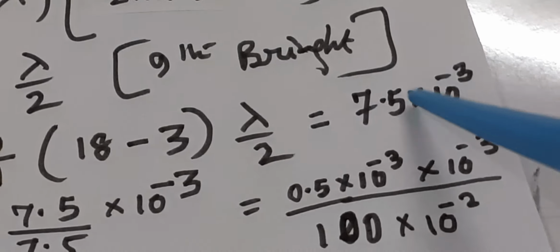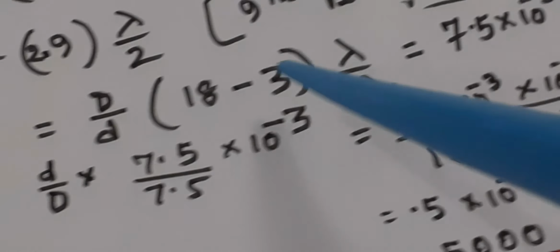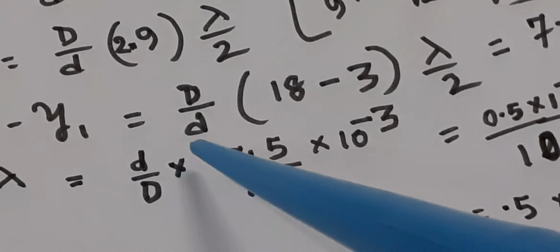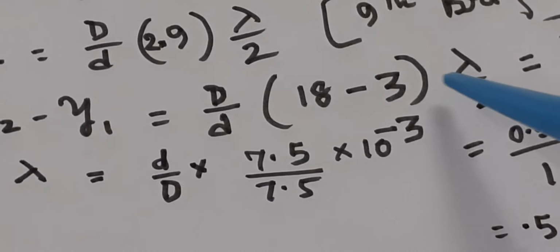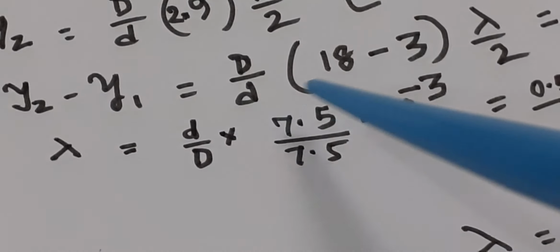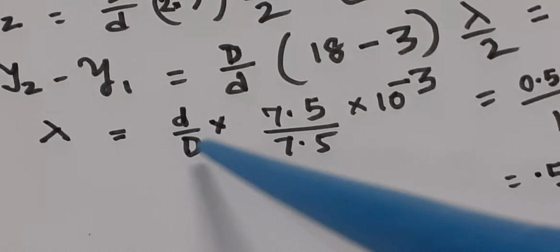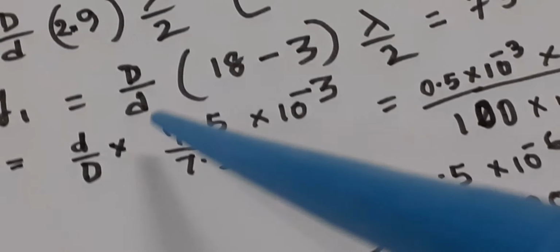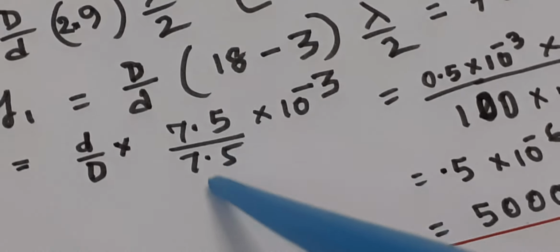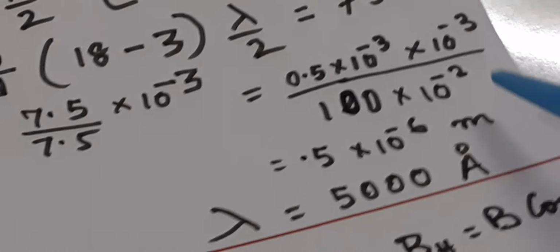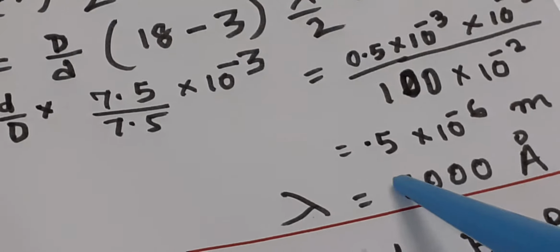That means 7.5 into 10 to the power minus 3 equals this expression. Now from here we are interested in lambda, so lambda we can write in this way. This factor is again 7.5, we will cancel, substitute all the 0.5 by 100. You simplify and you will get lambda will be 5000.